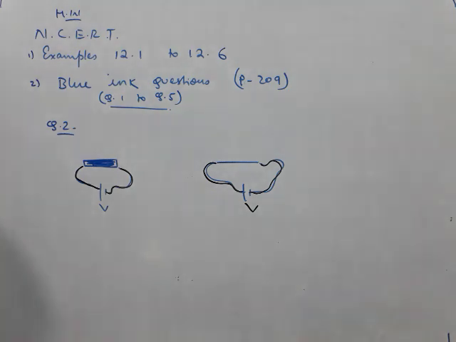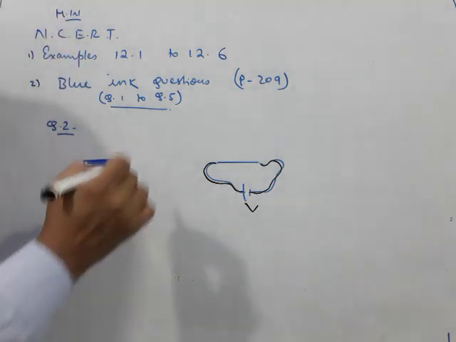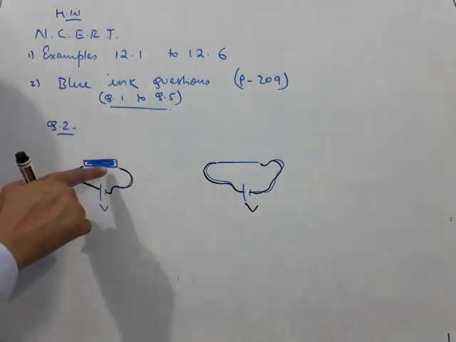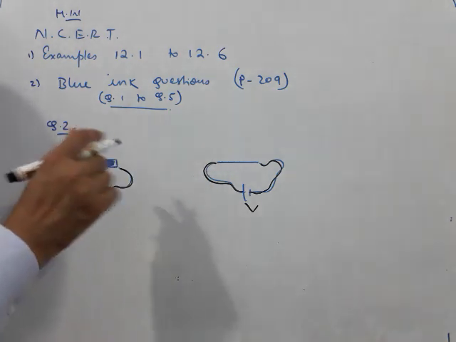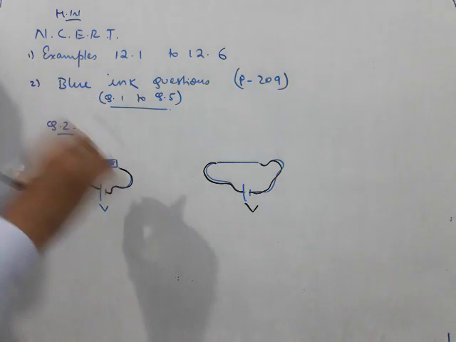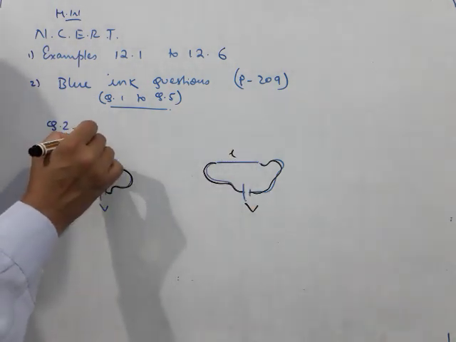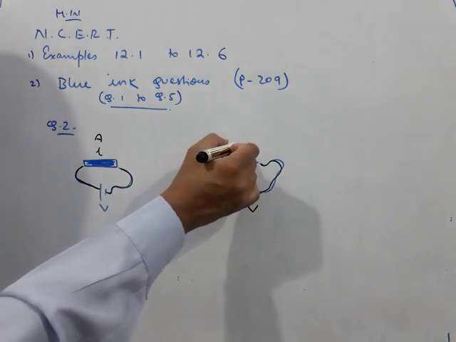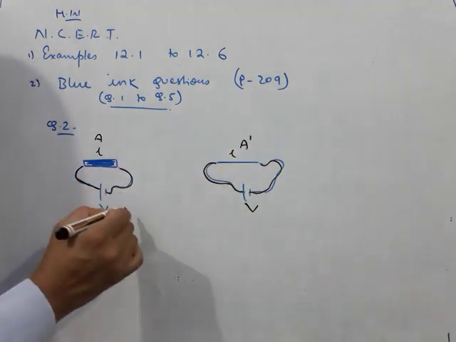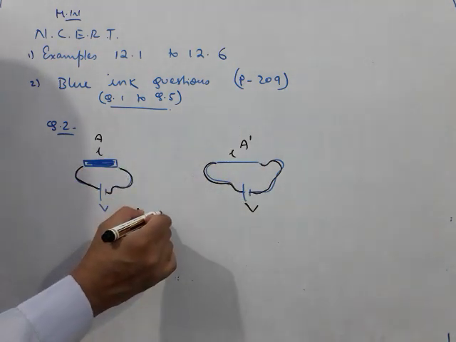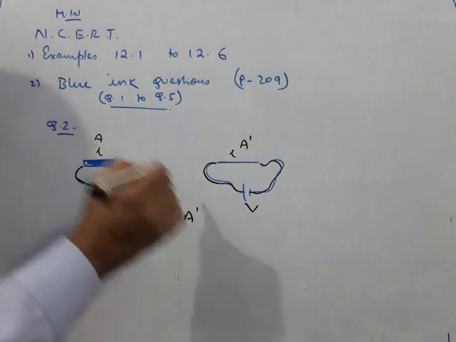Same voltage source V. Then it is asked, in which of the two cases current will be more. So what is the difference in these two? It is given thin and thick wire of same length. Length is L, here also length will be L. Here suppose area of cross section is A, here area of cross section is A dash. And it is given that this is the thick wire, so area of cross section A is greater than A dash.